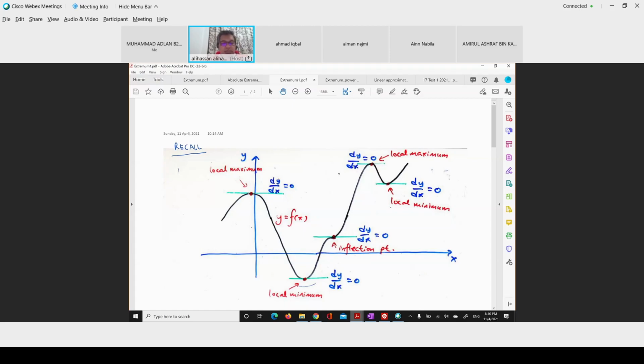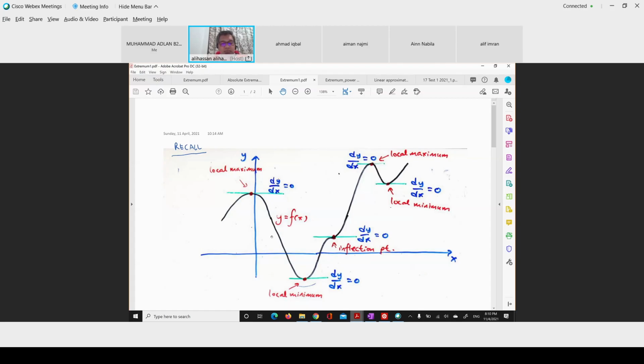You can see from this graph we have a maximum point here, minimum point, inflection point, and then here we have a maximum point and minimum point, right? They can be found by solving the equation dy/dx equal to 0.